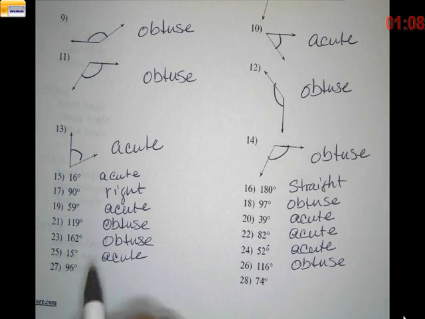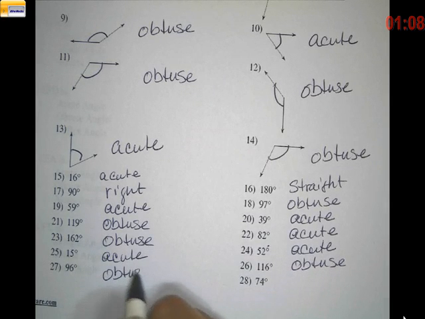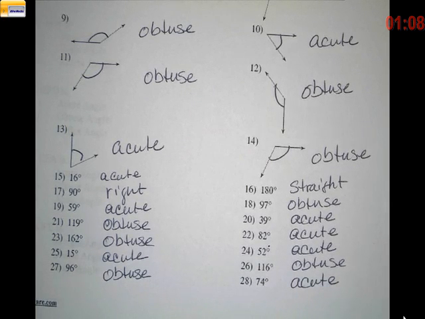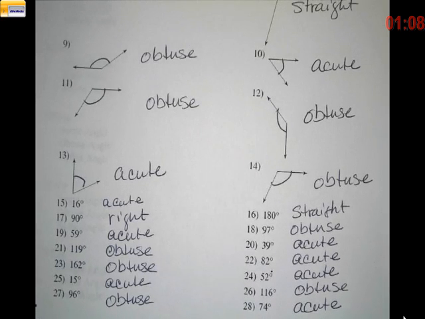And 96 would be obtuse. And 74 degrees would be acute. Okay, so those are the answers we got for the bottom of that page.